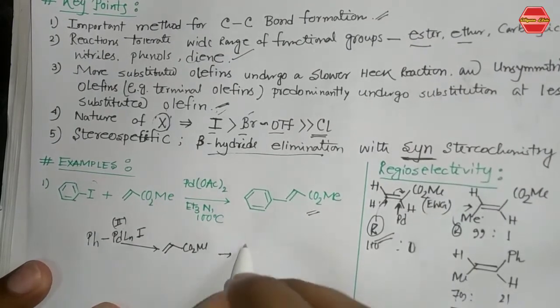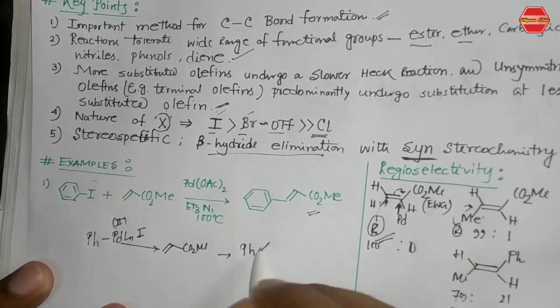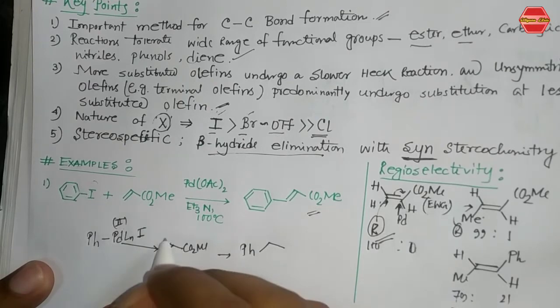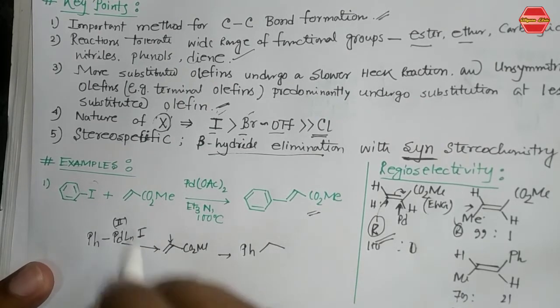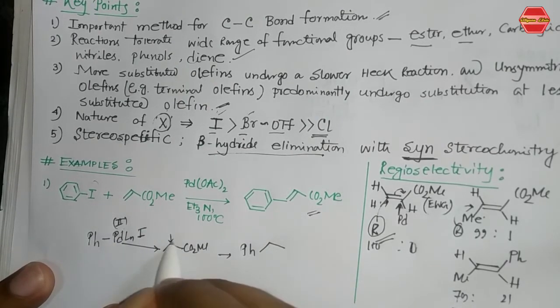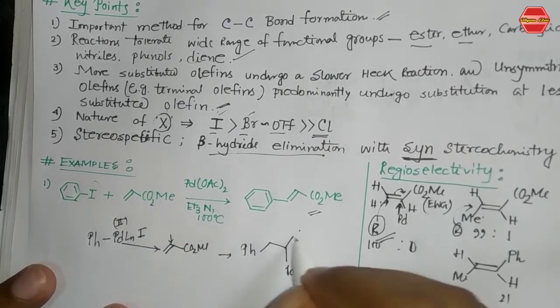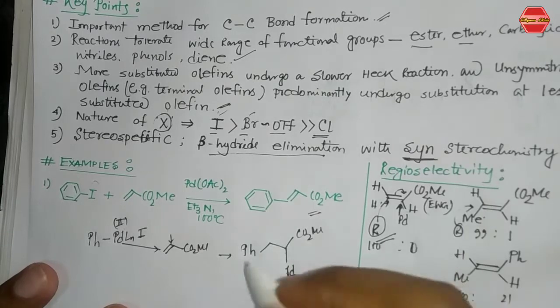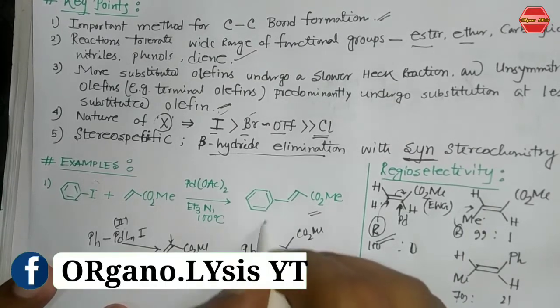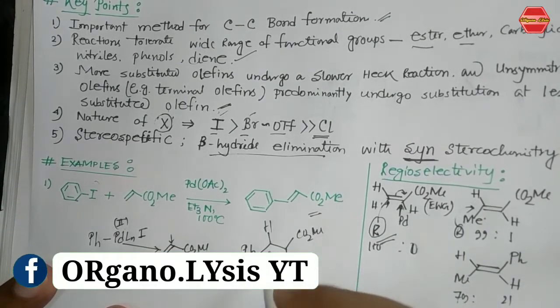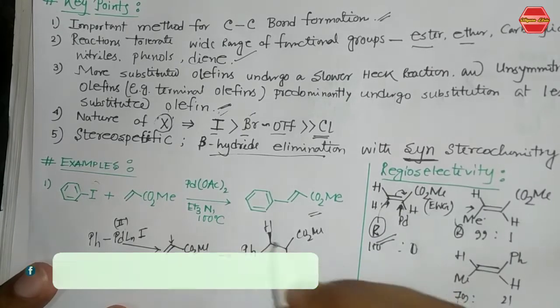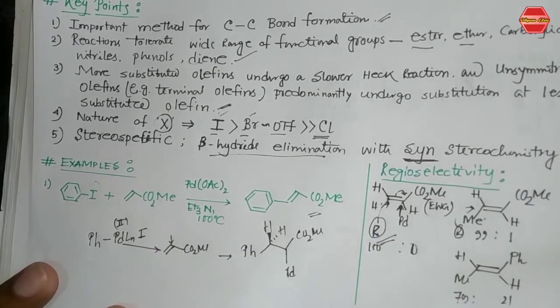So from here we can write, now you know that here the electron density is comparatively higher, so palladium directly attacks in this position. So you are getting this palladium over here, and this is your CO2Me, and here you have the 2 hydrogens. Now this hydrogen can be written in this way, that is up above the plane or below the plane.